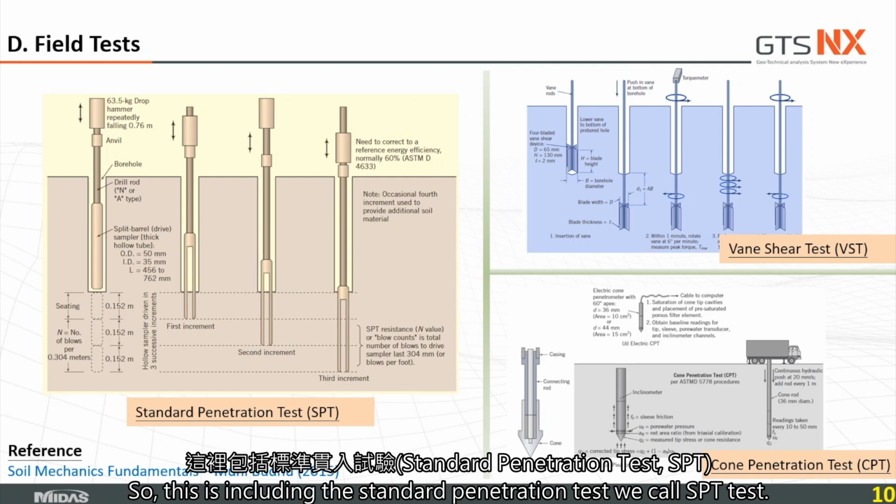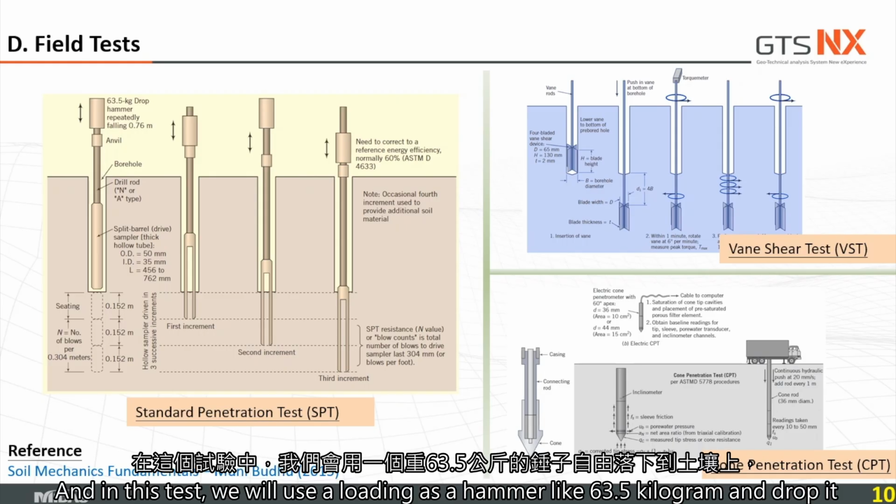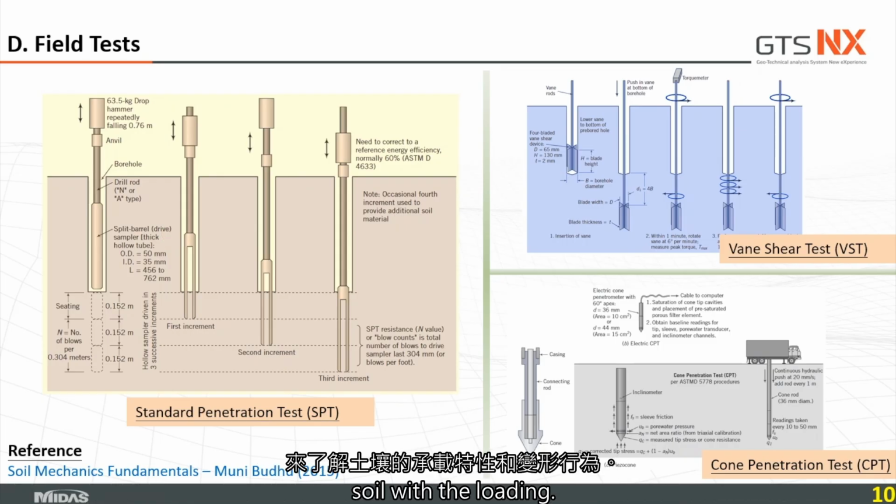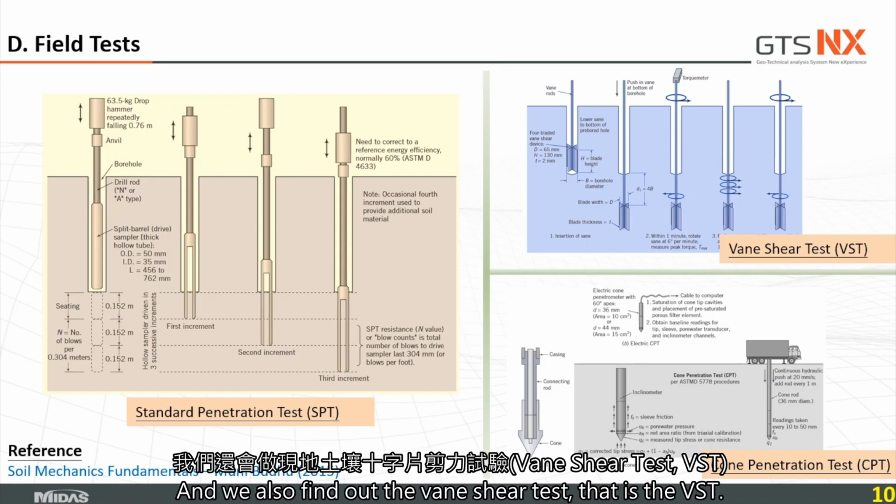This includes the standard penetration test, the SPT test, and in this test we use a hammer of 63.5 kilograms and drop it onto the soil, and from that we can find out the loading and the displacement of the soil. We also have the Vane Shear Test, the VST.